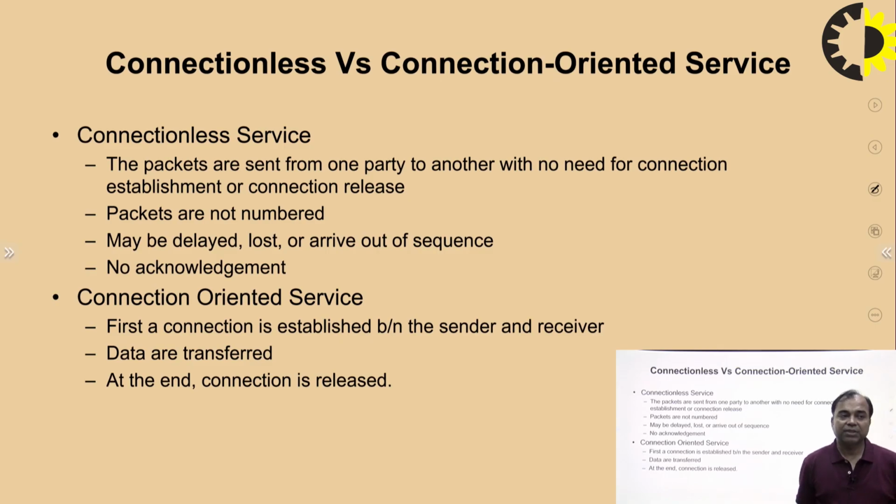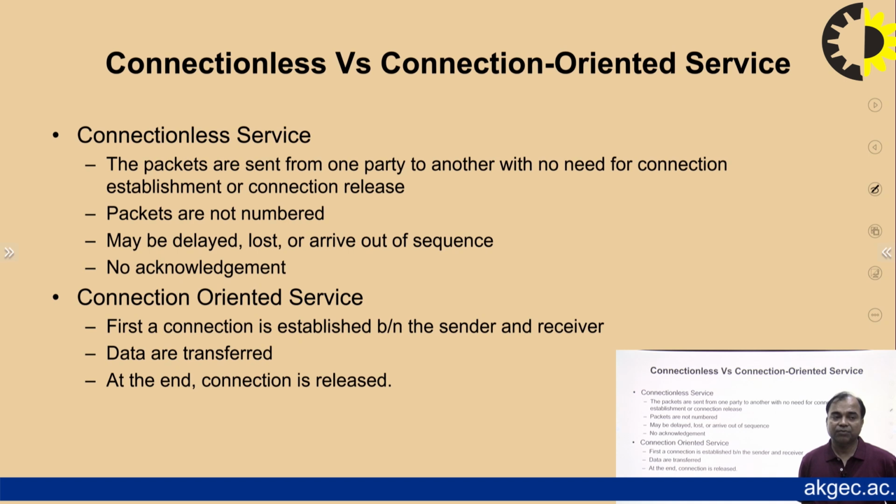If you talk about connection-oriented service, that is TCP. First, a connection is established between the sender and the receiver. Data is transferred, and at the end the connection is released.